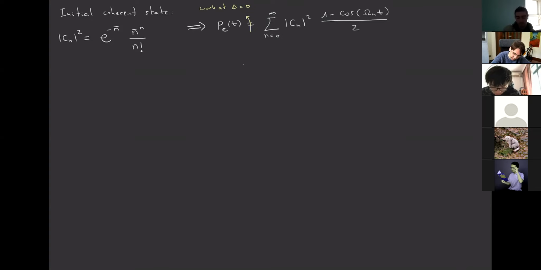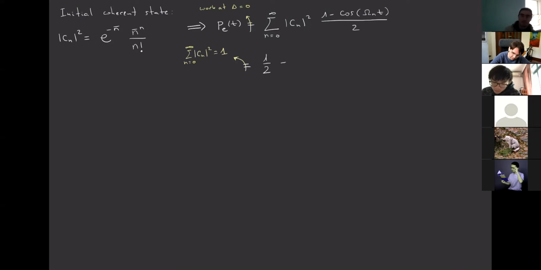And then automatically, this means the following. Of course, the coefficients Cn are normalized, because the state is normalized. And therefore, we see that this part, this one half of the sum, is only 1/2.